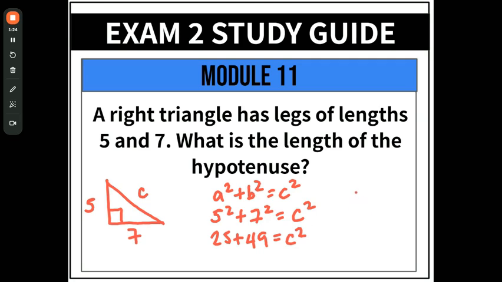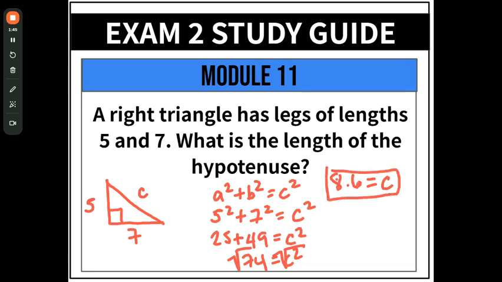And then 25 plus 49 gives me 74 equals c squared. So now I'm going to take the square root of both sides to isolate c by itself, and when I do that, I get a rounded answer of 8.6. Okay, nice job.